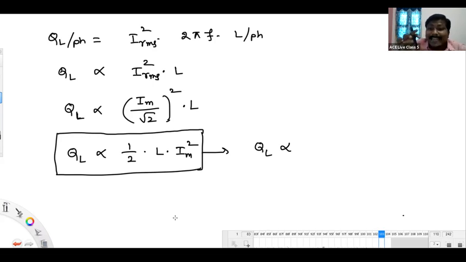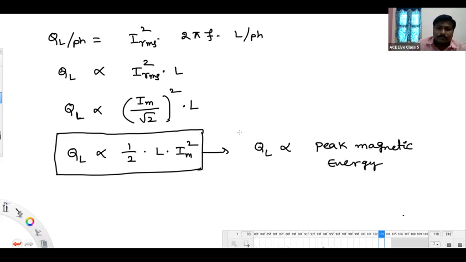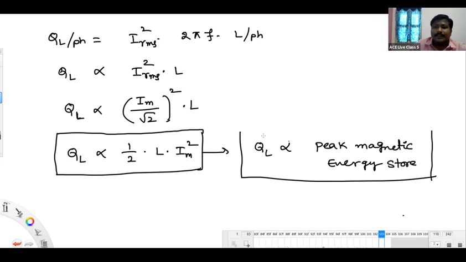Formula for the peak magnetic energy, maximum magnetic energy stored in the transmission line, or you can say stored in the inductor. Peak magnetic energy stored.